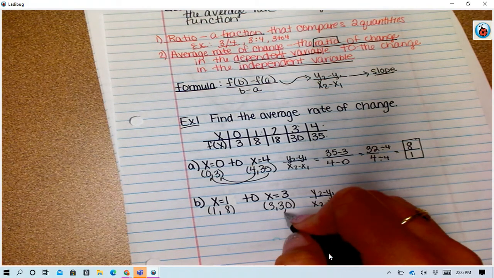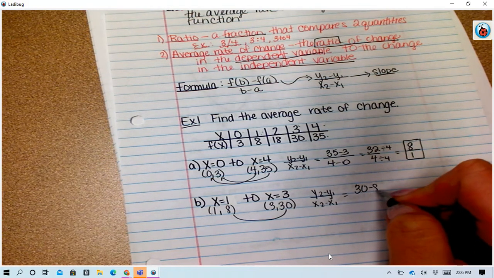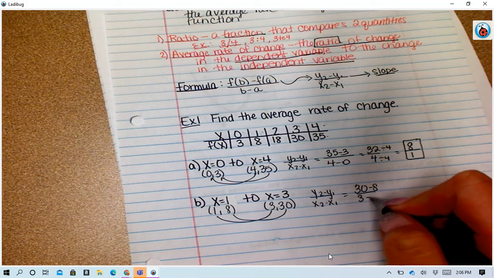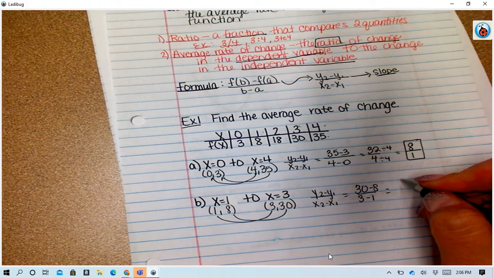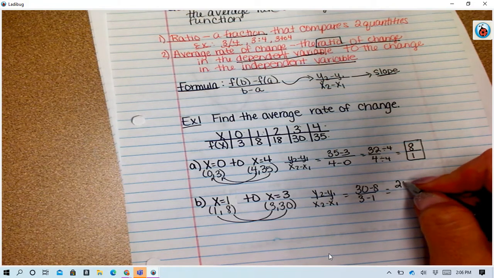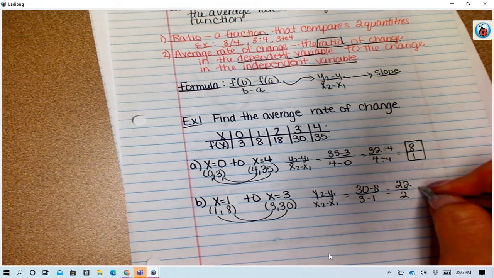So then y2 minus y1 is 30 minus 8 over x2 minus x1, which is 3 minus 1. So 30 minus 8 is 22. 3 minus 1 is 2.